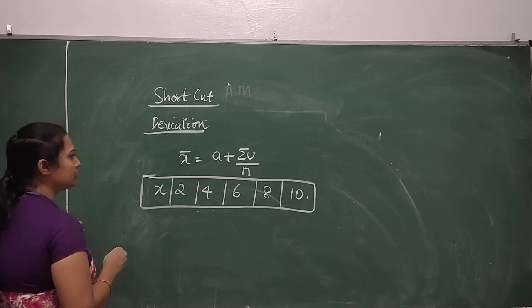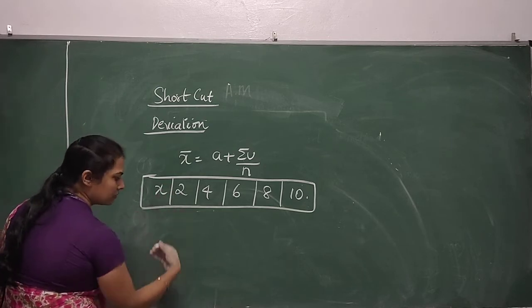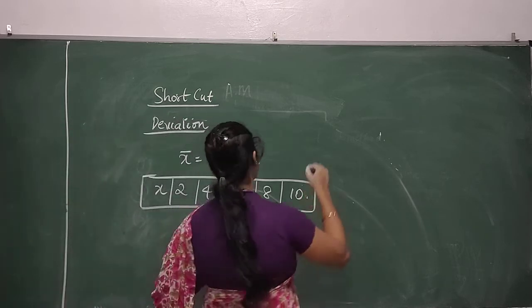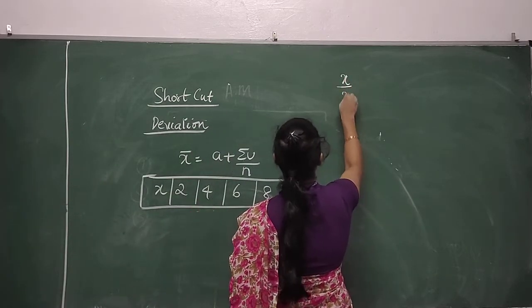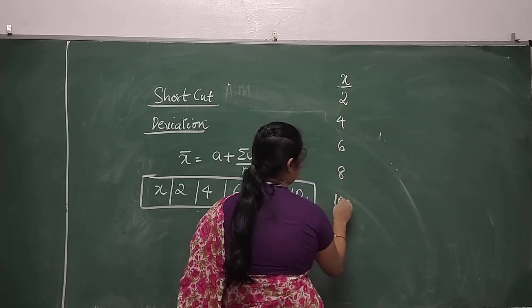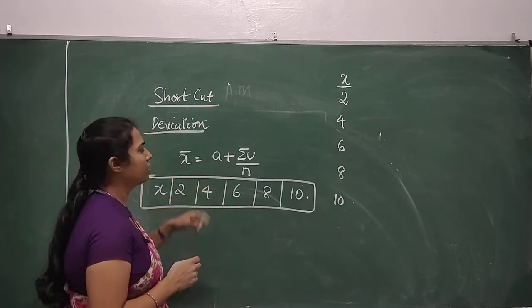So what you will do is write it in a standing line. x is equal to 2, 4, 6, 8, 10. According to the formula, what is a?